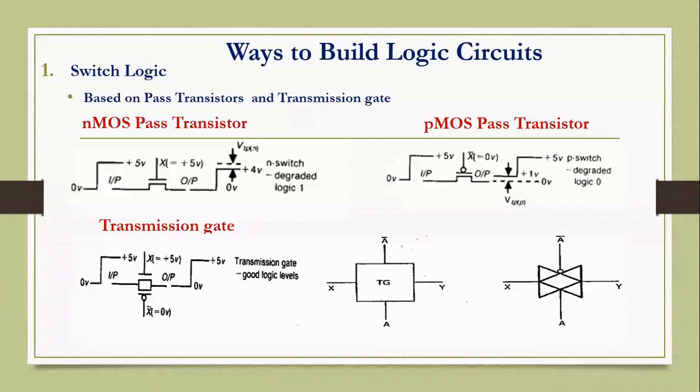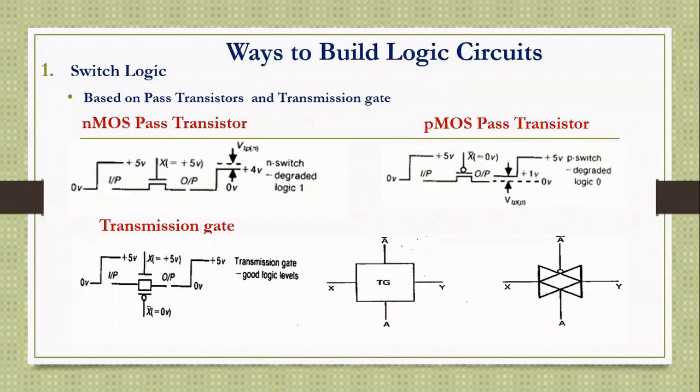Then the output will be at a high impedance node. Next, we'll apply logic 1 or 5 volts to the gate of the NMOS pass transistor, that is the X control input, so that the NMOS pass transistor will be on. Once it is on, we apply logic 0 or logic 1 to the pass input, so that it will be propagated to the output.